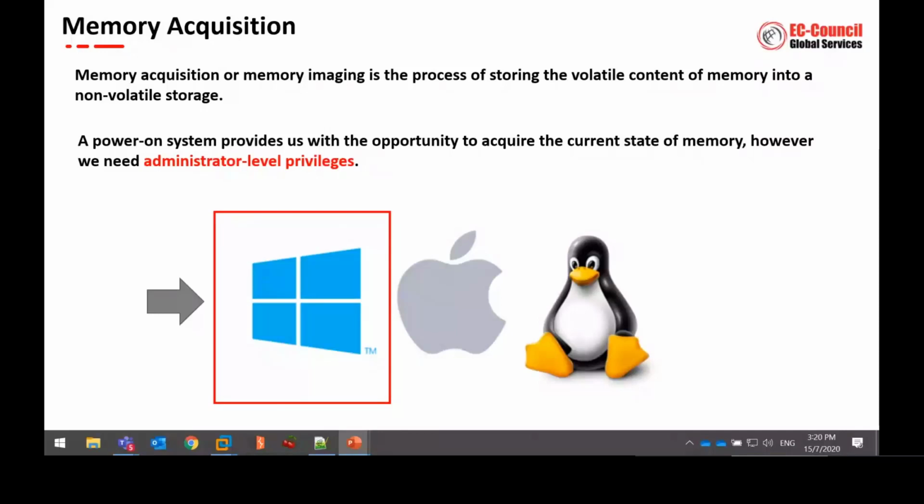In this 1.5 hour workshop, our main focus will be on Windows. However, in our face-to-face workshop and training, we go into detail on how to get memory acquisitions for Windows, Mac, Linux, and even mobile devices.